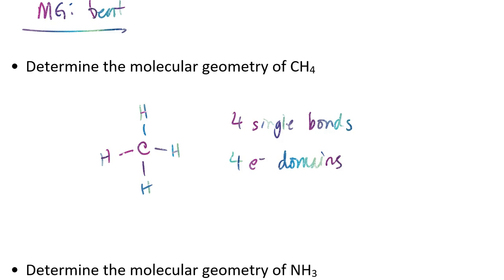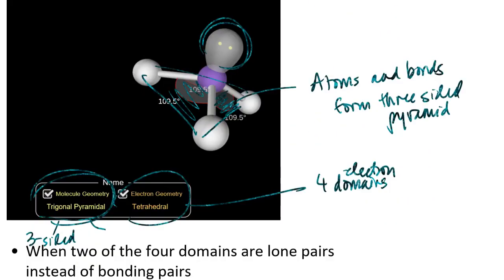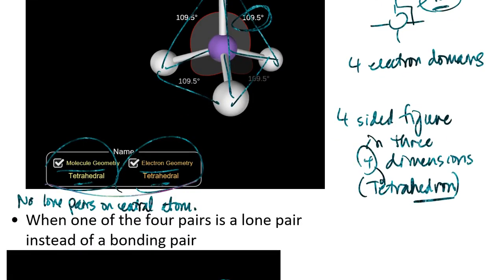And so when I have 4 electron domains, the electron domain geometry is tetrahedral, and the molecular geometry is also tetrahedral. So it would be the case that we covered at the beginning of the prior slide.